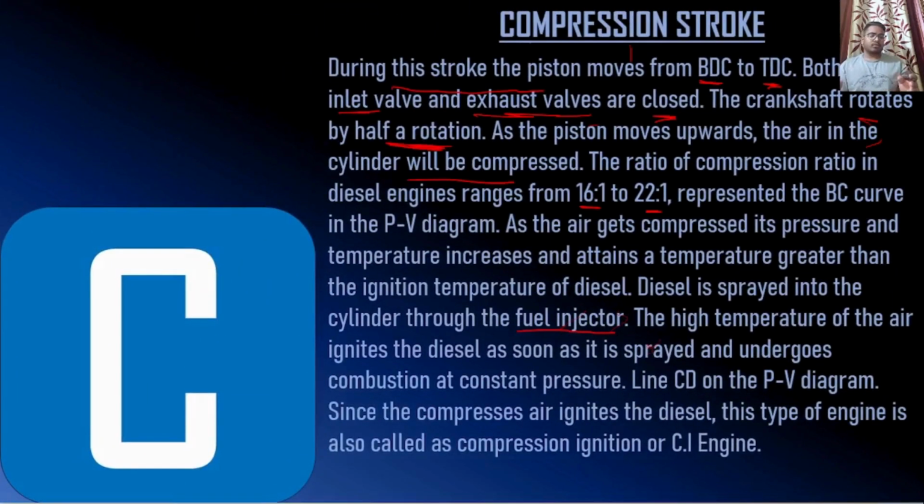The high temperature of the air ignites the diesel as soon as it is sprayed, and combustion occurs at constant pressure. Since the compressed air ignites the diesel, this type of engine is called a compression ignition or CI engine.